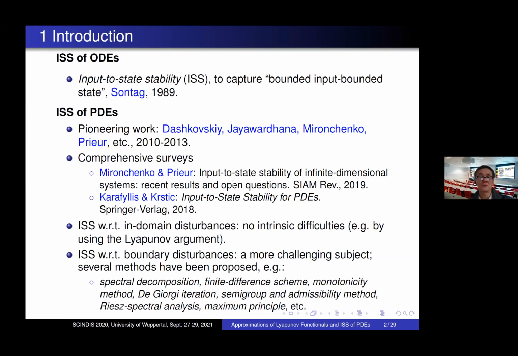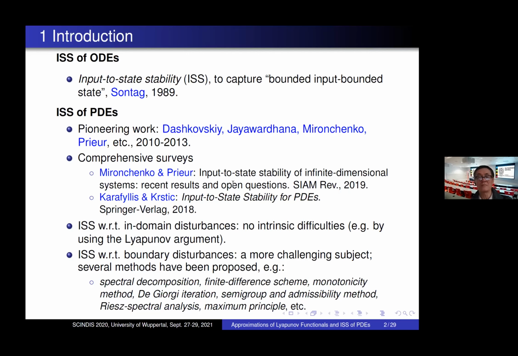For example, we can use spectral decomposition, finite difference schemes, etc., which try to establish the ISS estimate directly based on the solution. There is another method based on the monotonicity method, which tries to transform the boundary disturbance into the domain without invoking the time derivatives of the disturbance.